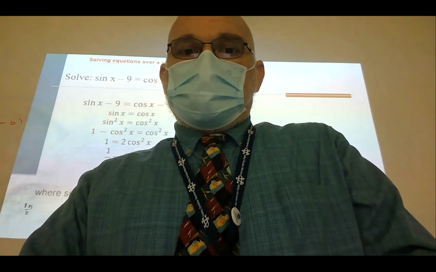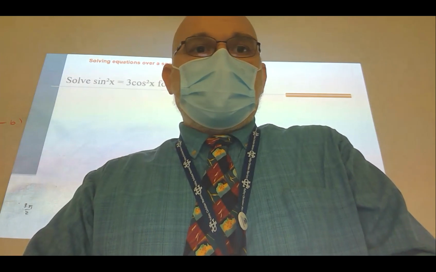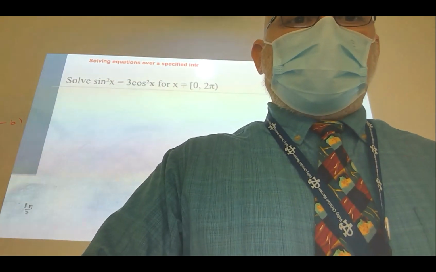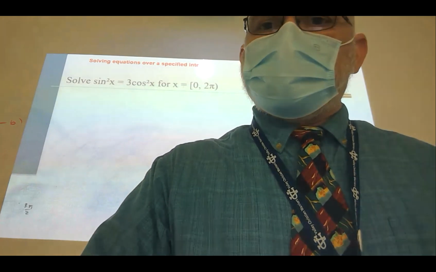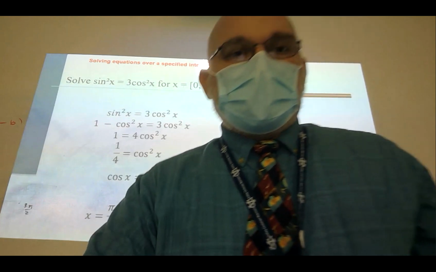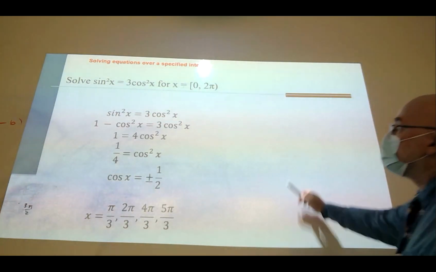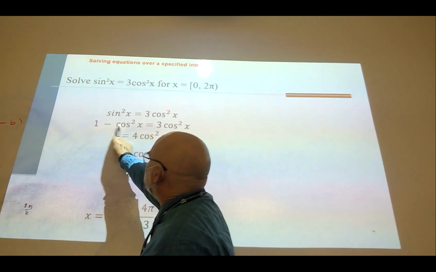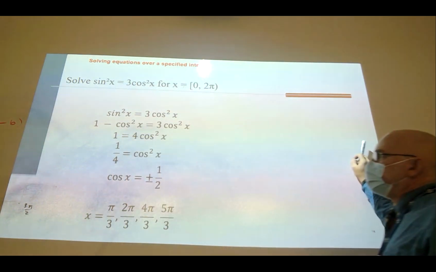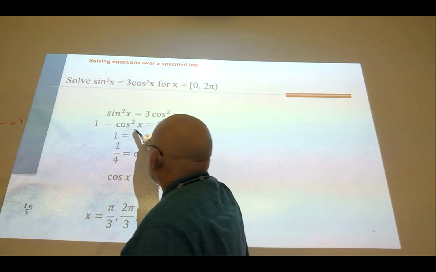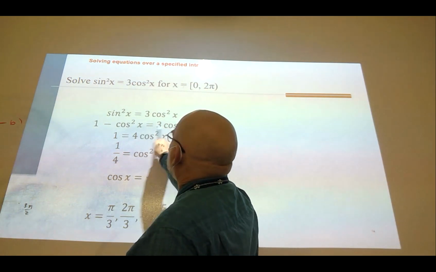All right, let's take a look at another tricky one here. Solve sine squared of x equals 3 cosine squared x in that interval. Well, let's convert everything to cosine by taking sine squared and using my Pythagorean identity, calling that 1 minus cosine squared. Now I can add this cosine squared to this side and it becomes 4 cosine squared.